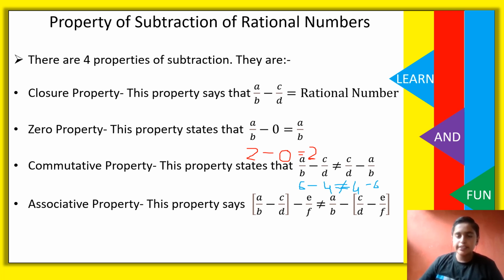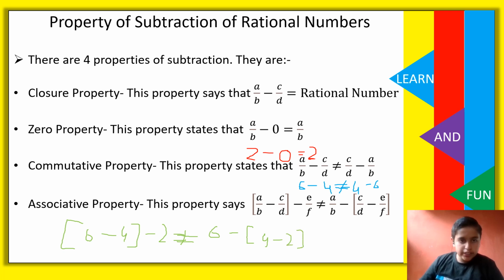We will take an example of it. a upon b is 6 only, c upon d is 4, and e upon f will be 2. So (6 minus 4) minus 2 is not equal to 6 minus (4 minus 2).